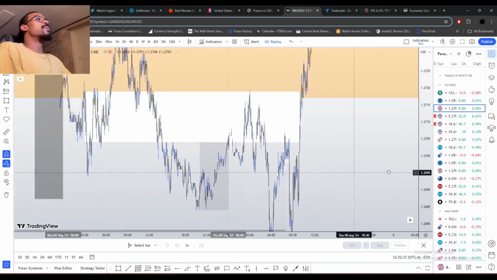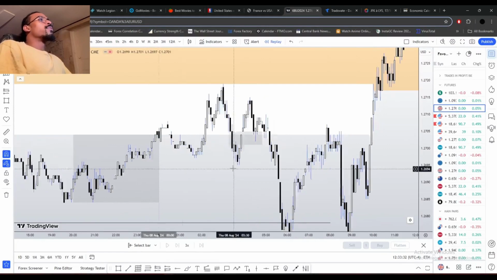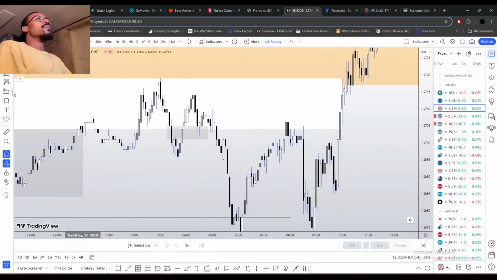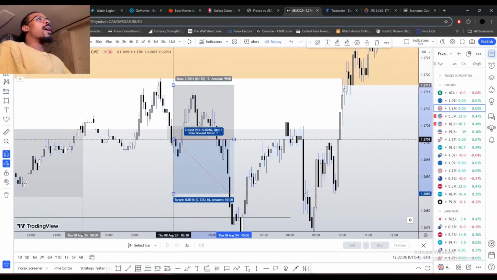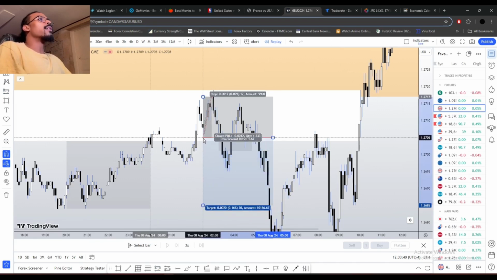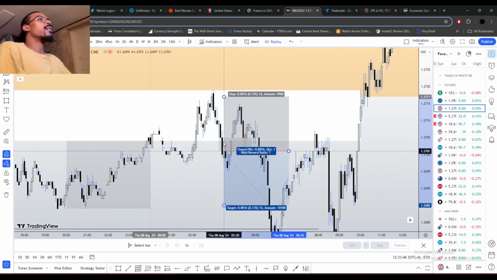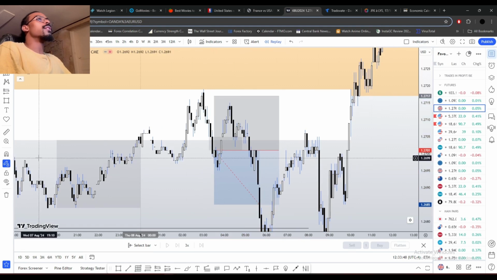And my first position, the first position that I took was inside of this bearish fair value gap here after we broke down. Actually, it was a little bit higher, kind of close to there, right here. Let me take this off.